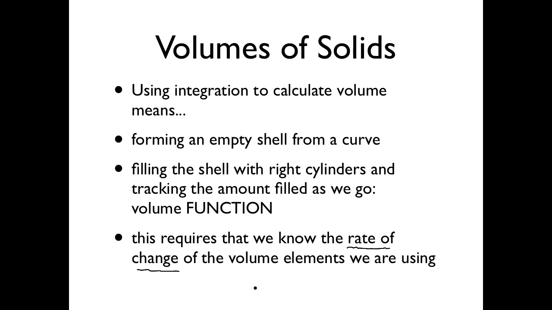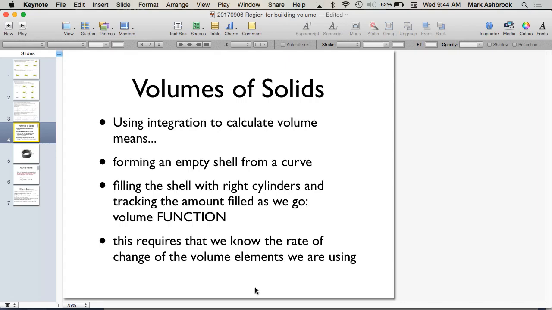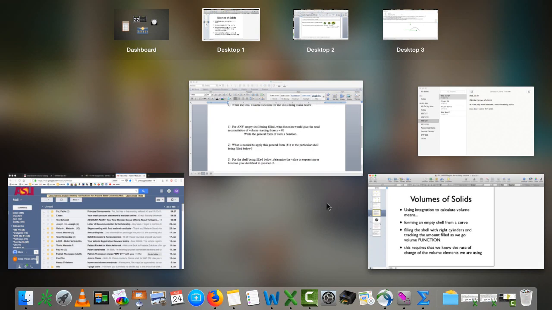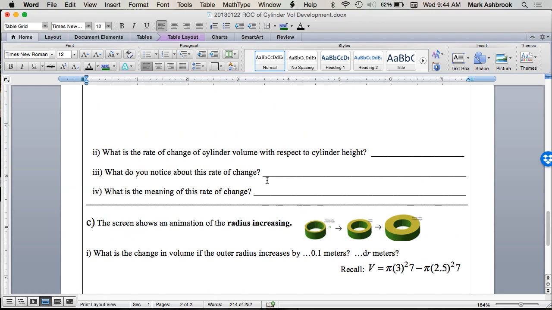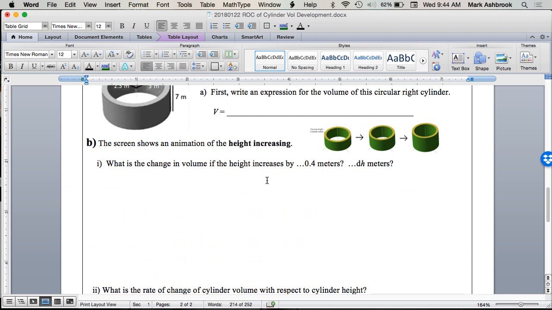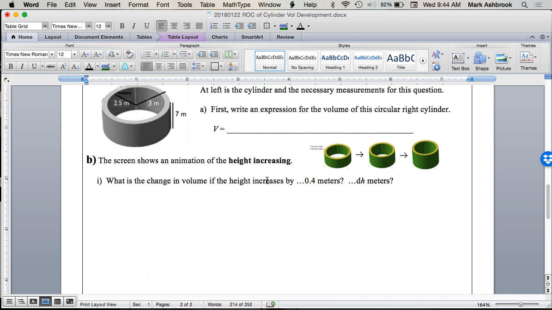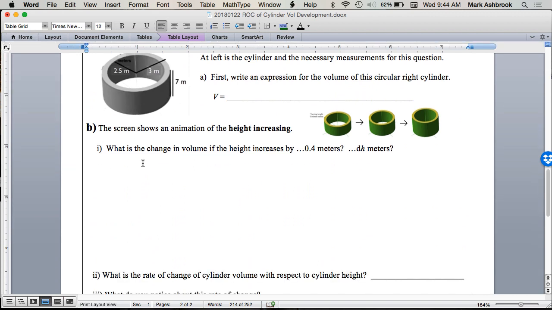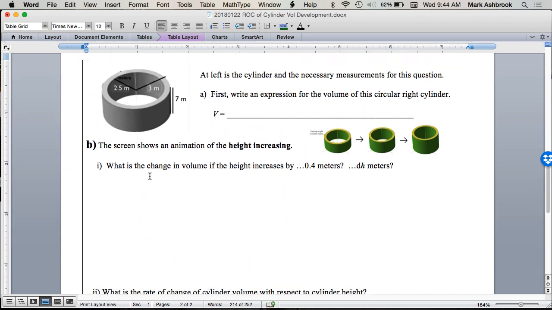Okay, so we said we were looking at the circular right cylinders last time. First of all, we had this circular right cylinder, and we asked what's the rate of change of volume with respect to height?